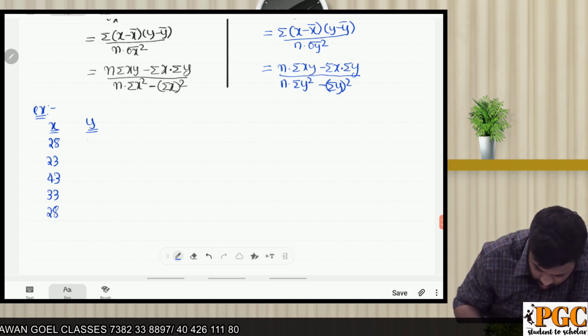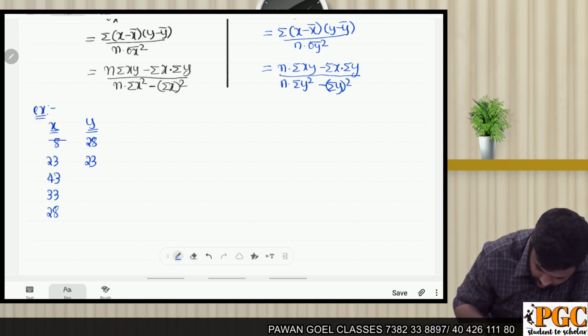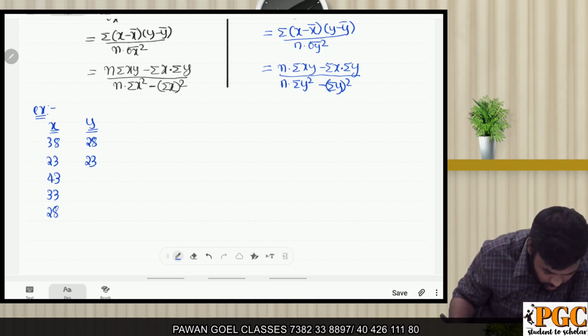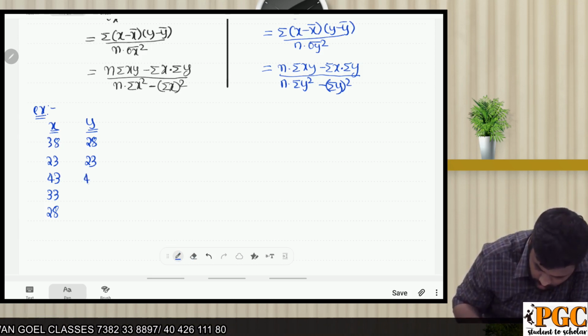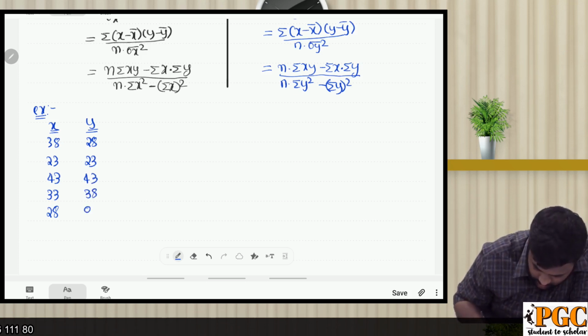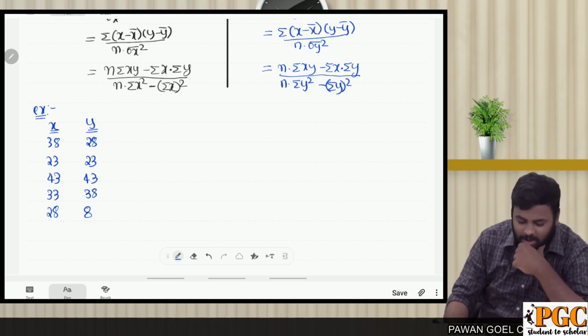Variable y is given as 28, 23, 43, 38 and 8. So this question is asking us to compute bxy and byx.